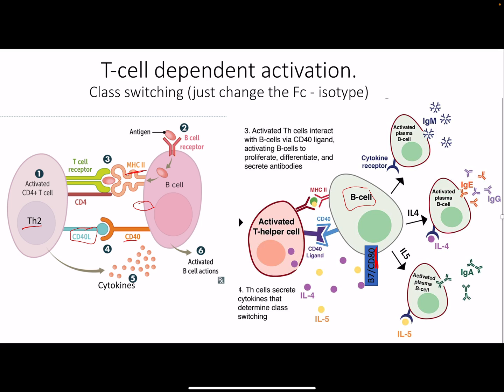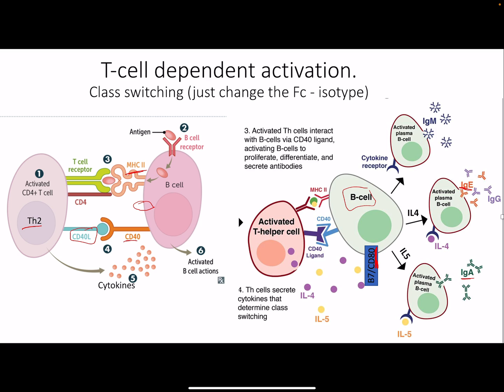So when the B cell powers up and it gets activated by the T cell to have an even better response than it does in the IgM cross-linking scenario, we can do class switching, which really just means that the normal default IgM gets swapped for an IgE, or an IgA, or an IgG.